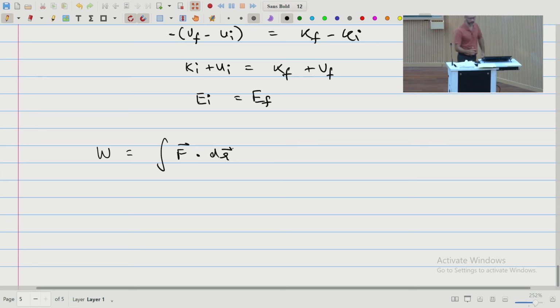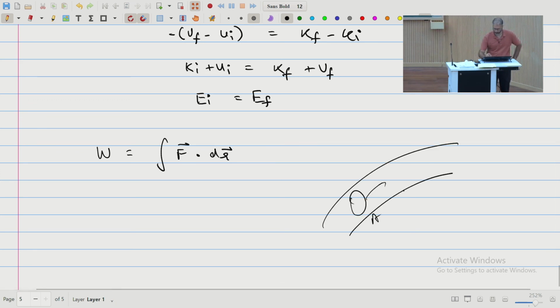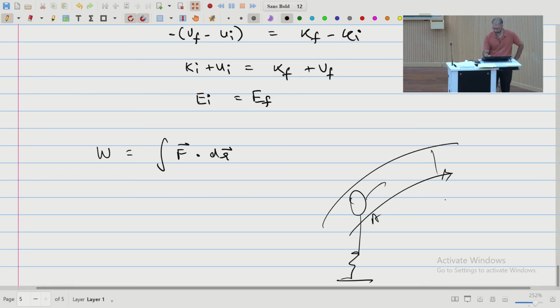Think about a problem where you have a channel, the object is moving in this channel from A to B, and there is a spring that can rotate about this point. Try to solve the problem by finding the work done. It gets very complicated.